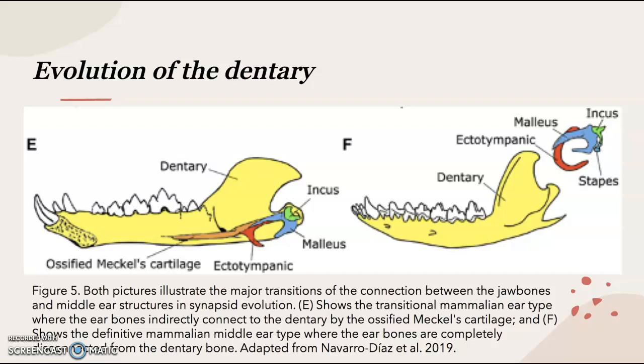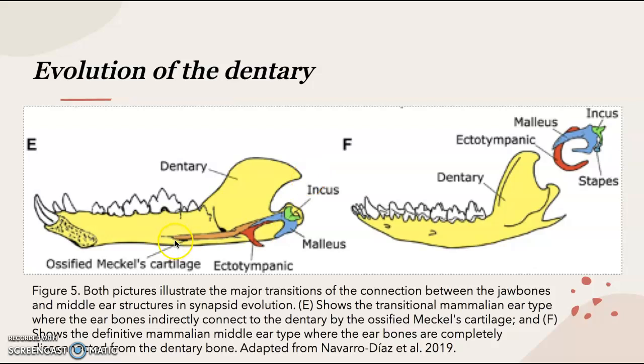So lastly, I just want to talk about the evolution of the dentary, final thoughts, and how this led to the formation of the definitive mammalian middle ear. So figure 5E is just showing the mammal transitioning into having its enlargement of the dentary and separating those middle ear structures from the lower jawbone.